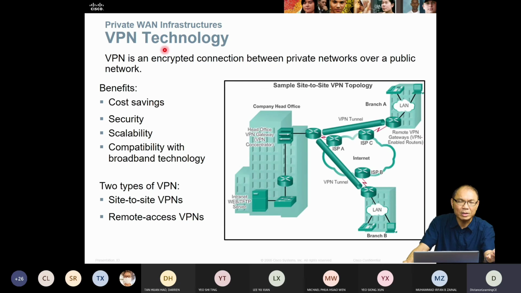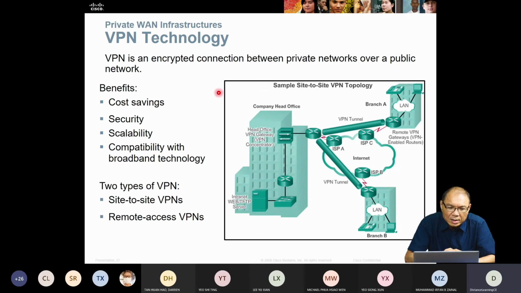And then we have something called the VPN. What does VPN stand for? Anybody knows? Anybody knows what a VPN is? It's a virtual private network.